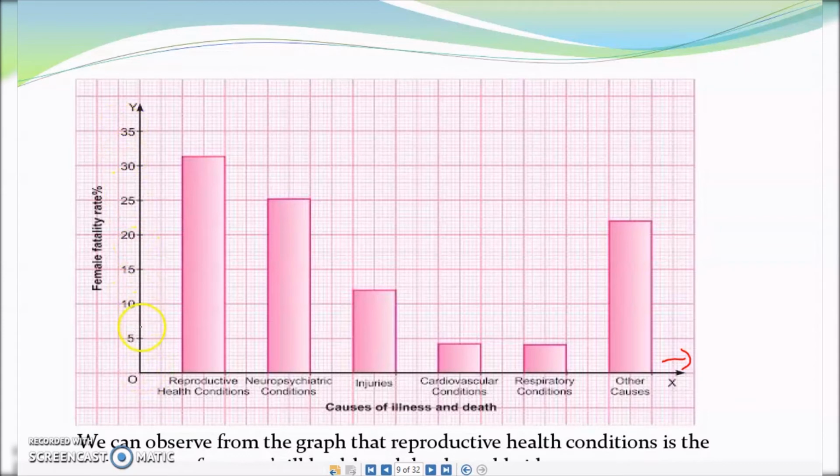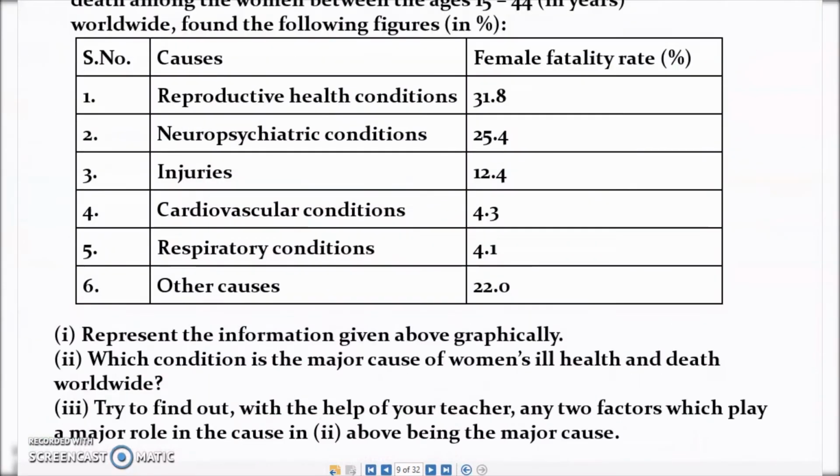Now this scale has to be chosen suitably according to the data. So you will see what is the range of your data, and accordingly you can decide. Over here, range means the maximum and minimum you will be seeing. You have something as low as 4.1%, and it goes up to 31.8%.